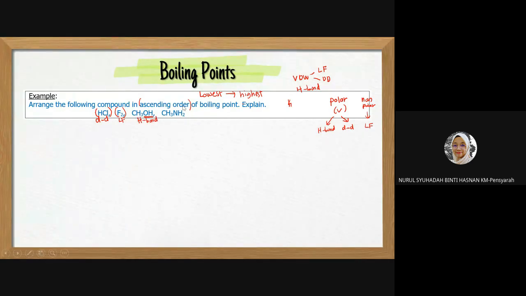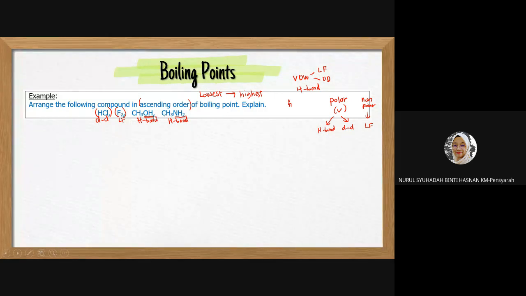Okay, kemudian untuk CH3NH2. So is it polar or non-polar molecule? Polar molecule. So does it have hydrogen bond? Yes, kita ada hydrogen bond between nitrogen and hydrogen. Jadi once you have determined the intermolecular forces, awak dah boleh bayangkan susunan dia. Yang paling lemah adalah London forces, so F2 will have the lowest boiling point, followed by HCl.